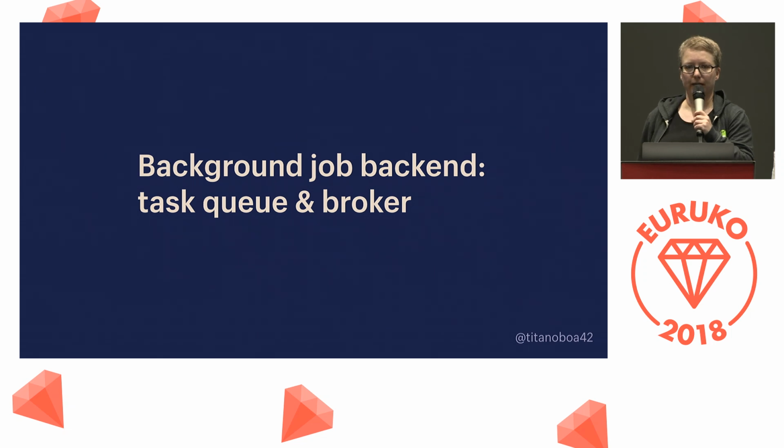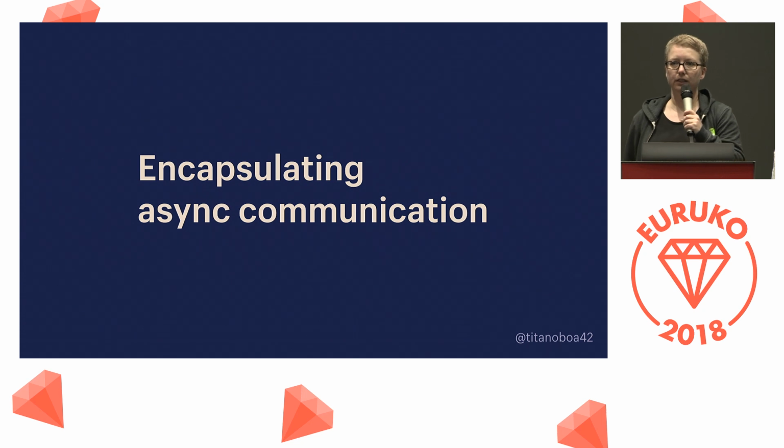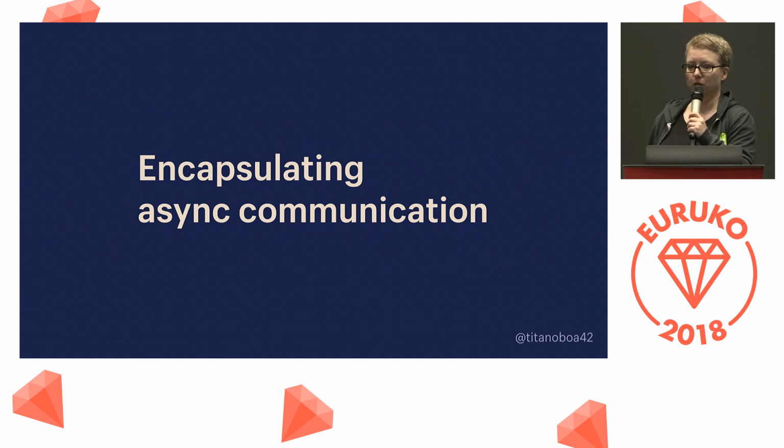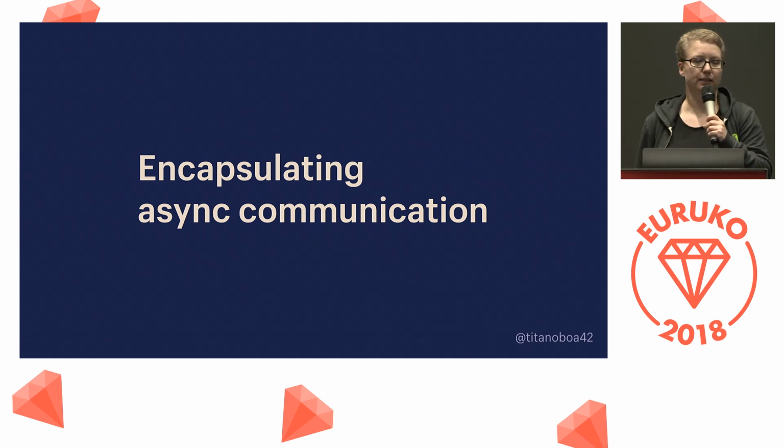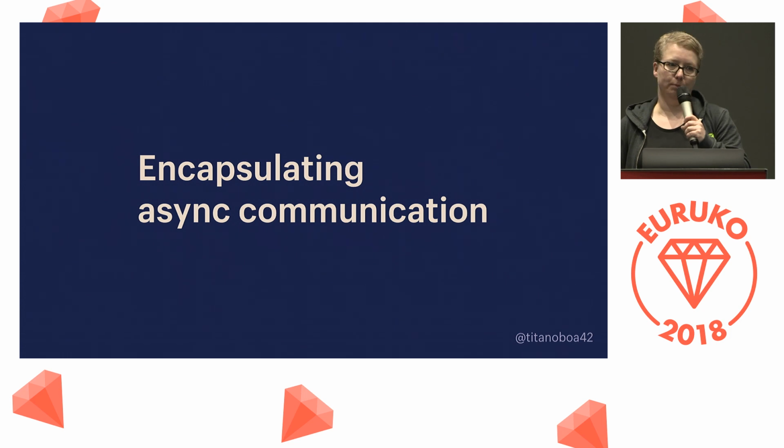So a background job backend basically is a task queue along with some so-called broker code for routing messages and managing the workers. And it encapsulates the asynchronous communication between our processes, which allows us to keep our own background job code very simple, because our background job classes are not aware of this code being run asynchronously in the future.